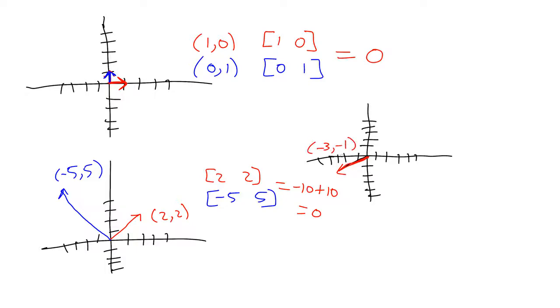Okay, so we're going 3 units to the left and then 1 unit down. And then for our blue vector, we're going to go down like this, and we're going to make this thing 2, -6.